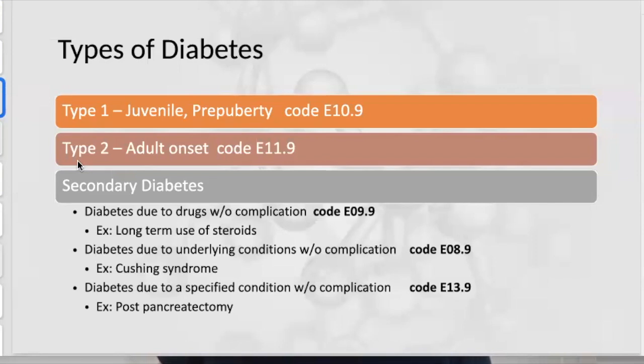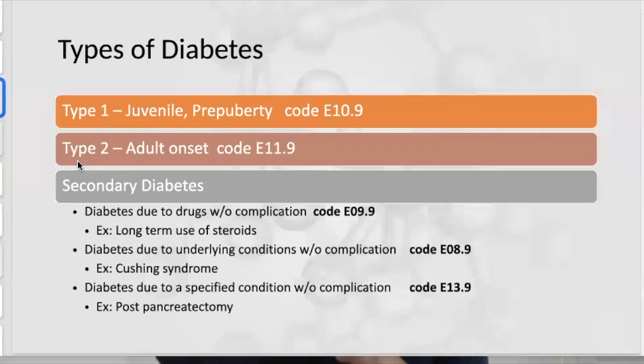So that's one example. Another type of secondary diabetes is diabetes due to underlying conditions. And of course, the code without complication is E08.9. So you see, guys, as the type changes, your category code for diabetes also changes.